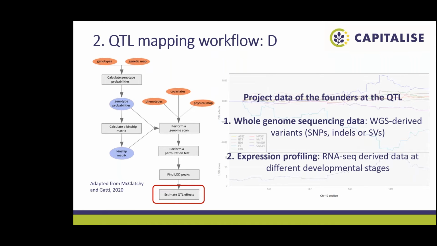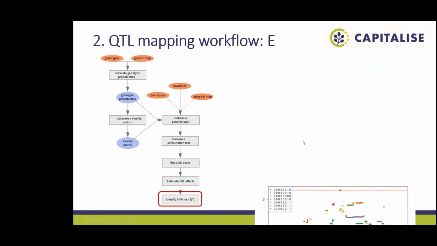Once we identify our QTLs, our peaks, our confidence interval, and we have our founder effects, the power of this population is that we can project data of our founders at the QTL. We can use the haplotypes and project whole genome sequencing data from our founder lines, and we can test variants, SNPs, indels, or even structural variation. We can also use RNA sequencing data to project the expression profiling of our founder lines, maybe at different developmental stages, which is what we're trying to do in CAPITALISE.